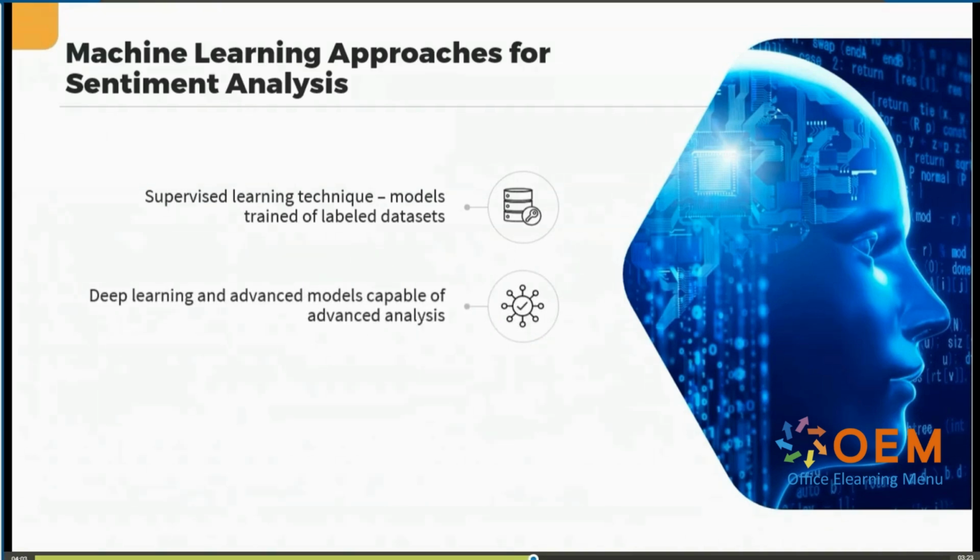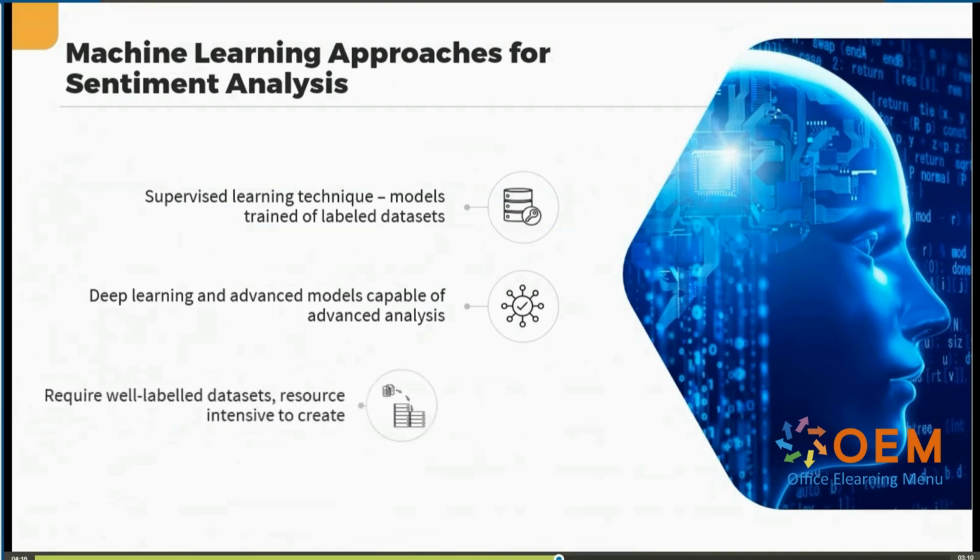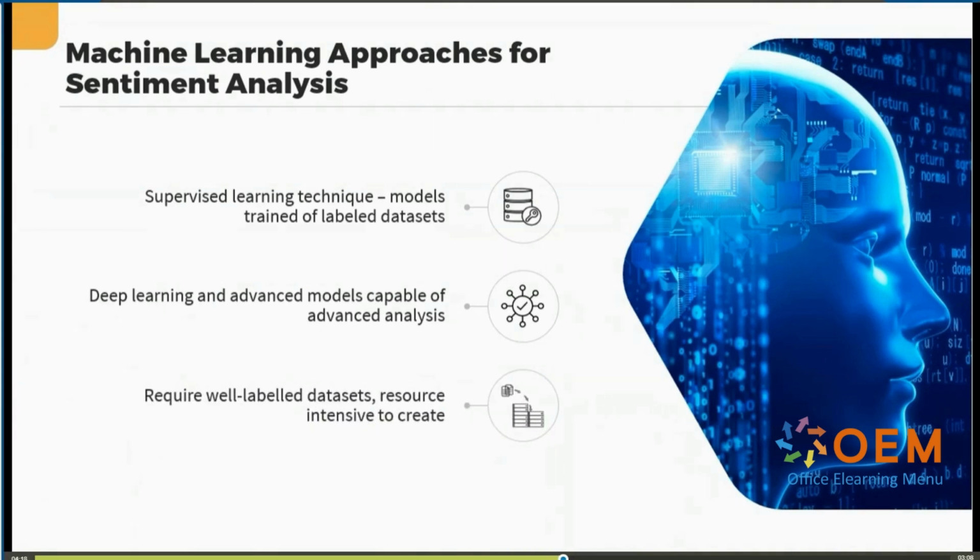Deep learning models in machine learning can capture nuances in language, including the impact of word order and the presence of sarcasm or irony. They tend to be far more powerful models capable of advanced analysis. However, one challenge is that these techniques require large, well labeled datasets for training, which can be resource intensive to create. We look at machine learning for sentiment analysis a little later on in this learning path.